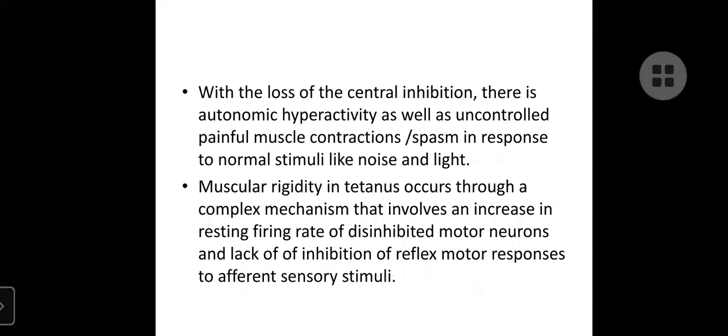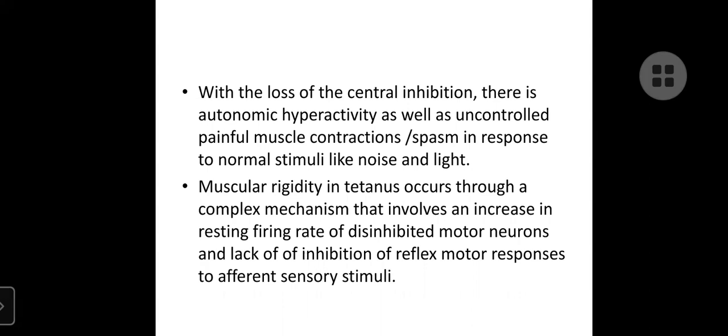So with the loss of the central inhibition, there could also be autonomic hyperactivity, leading to uncontrolled muscle spasm and contraction in response to stimuli such as noise and light. So this is to say that when there are external stimuli such as noise and light, in addition to the loss of the central inhibition, there will be uncontrolled muscle spasms and contraction.